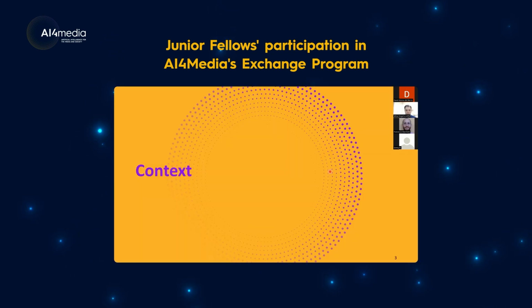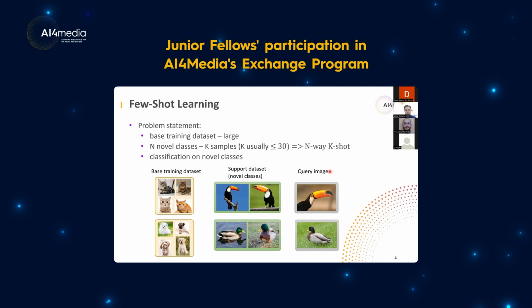The first and also quite important part is the context one. So basically, having this subject of few-shot object detection implies several different aspects. First of all, the part about few-shot learning.